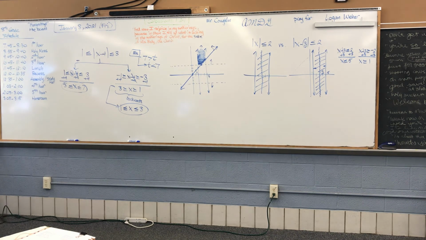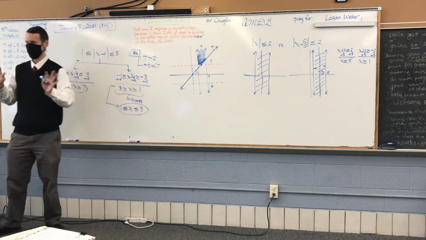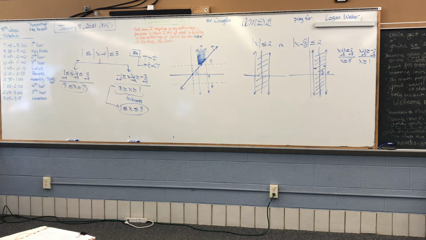So, questions? All you have to do is graph this and graph this on the same graphing space. If they overlap, shade the overlap. If they don't overlap, just shade. Okay? Alrighty. The rest of the hour is yours. Go ahead and pound away at it. I will be around in case you get stuck.